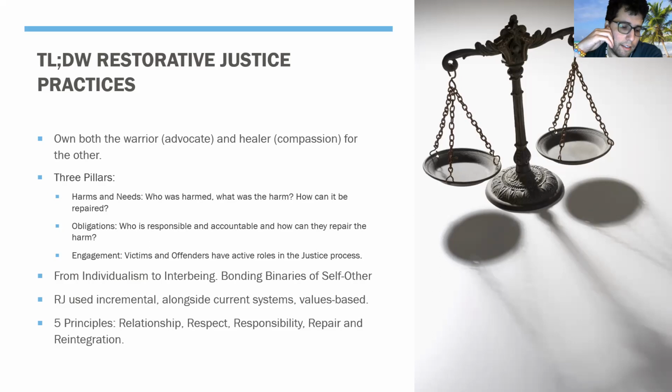Like I said, this is not meant to replace the justice system or never have somebody locked away, but I think RJ advocates would highly strive to reintegrate most folks, unless they're unable to provide that kind of recovery within the social or community settings that they're in. So that's the large overview.